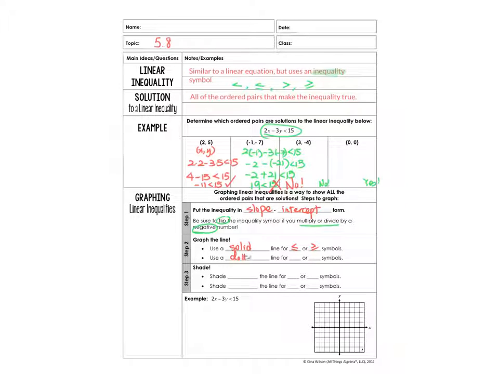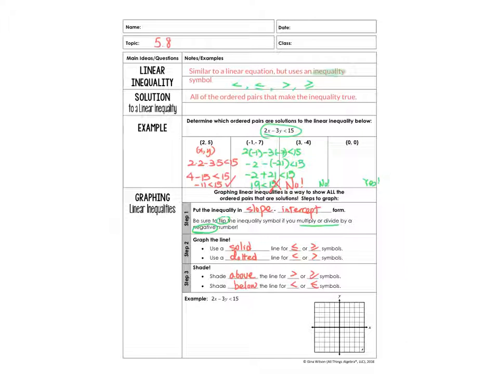Otherwise, we use a dotted line to indicate that those points are not included in a less than or greater than statement. Then we have to shade above for greater or greater than, and shade below that line, whether it's solid or dotted line, for less or less than.